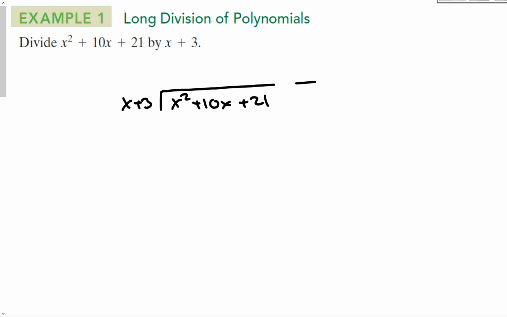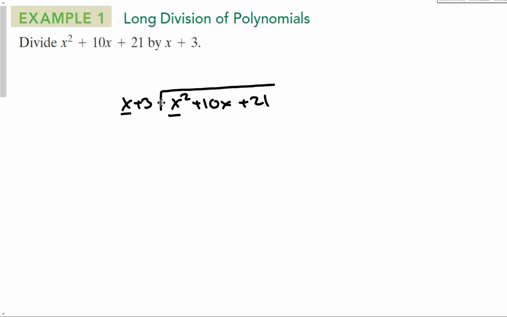Okay? So we're going to use the same steps. Divide. First of all, I arrange these. And second, how many times? Now we're going to focus on just the first term. The plus 3 sort of goes along for the ride right here. So we focus on the first term and the first term here. How many times does x go into x squared?